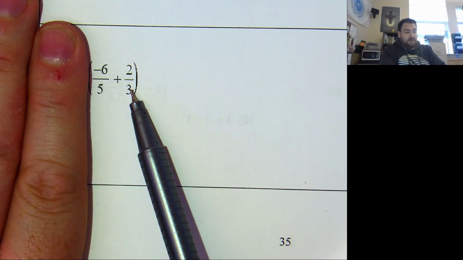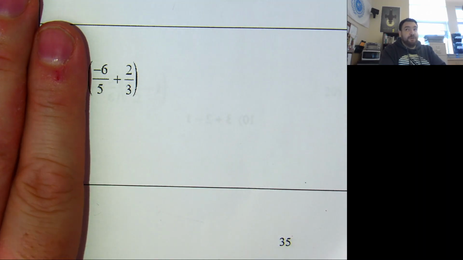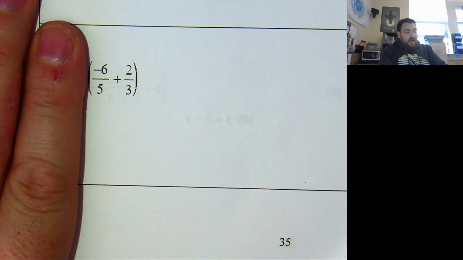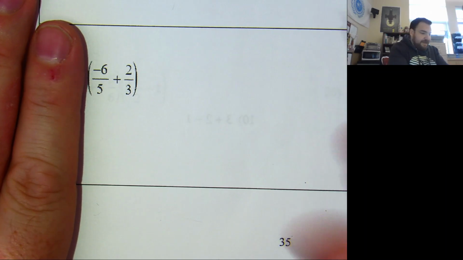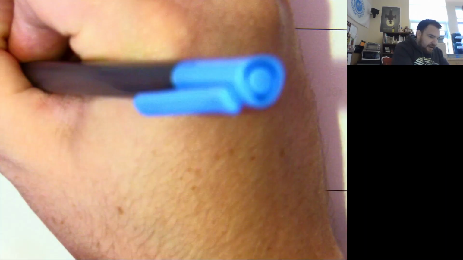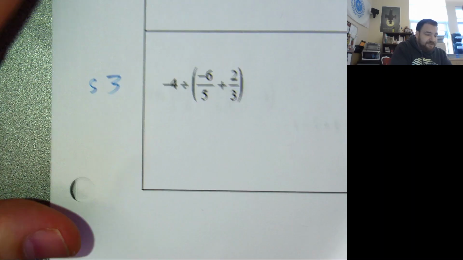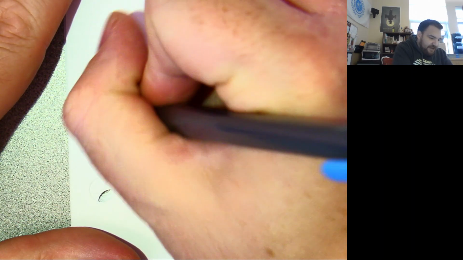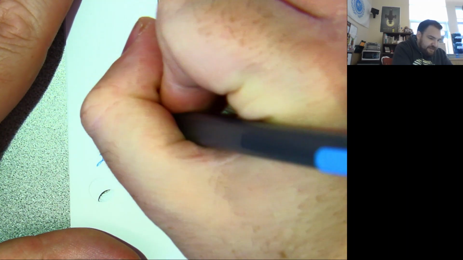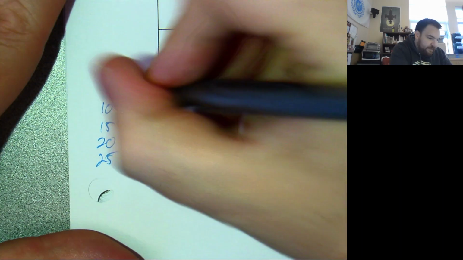So maybe it's helpful for you to write these down. Some of you can do this in your head, that's great. If you can't, let's crank some out here. 5 and 3, I'll just write them on the side of the page. And I'm just going to write down their multiples. 5 goes 5, 10, 15, 20, 25. 3 goes 3, 6, 9, 12, 15. Oh, look!